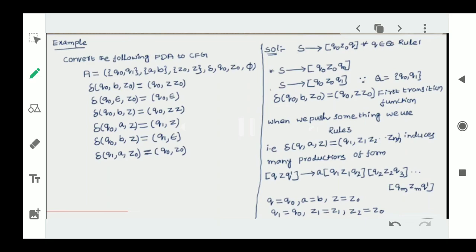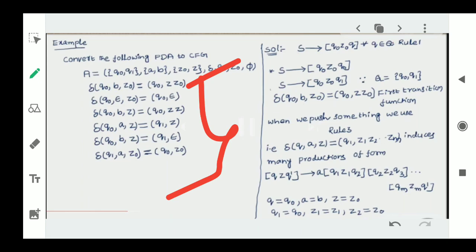In rule 2, we will start from the beginning. Whatever PDA equations are given here, we will go with the first PDA equation. We identify whether the equation represents a push operation or a pop operation.